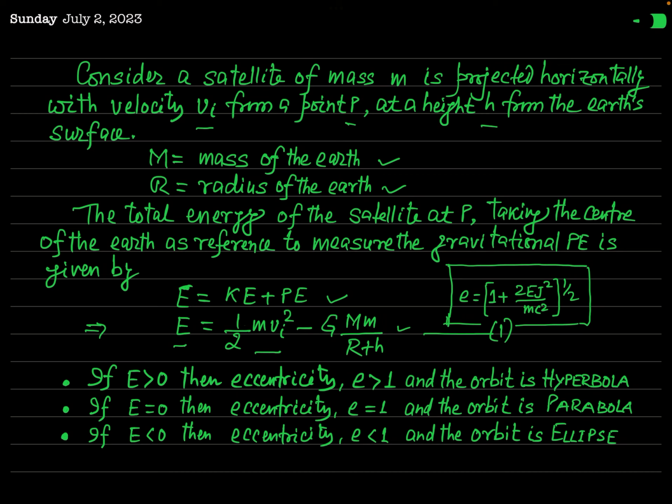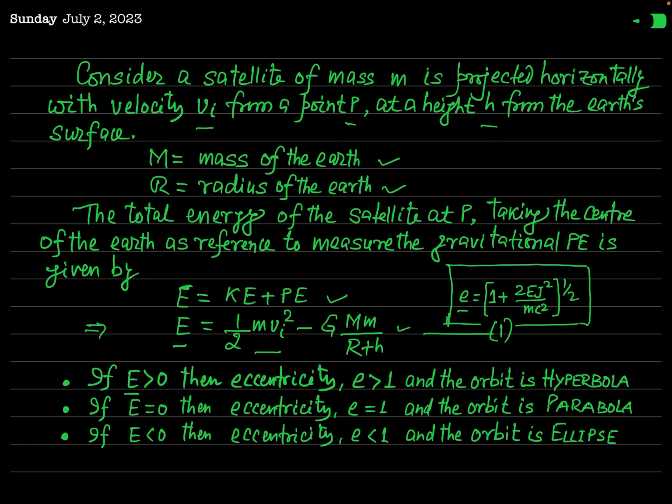Now this total energy may be positive, zero, or negative. All possibilities are here. If the total energy E of the satellite is greater than zero, that is positive, then what will happen? As you have studied earlier, the eccentricity of the trajectory depends on the value of the energy and the angular momentum of the particle in a central force field.